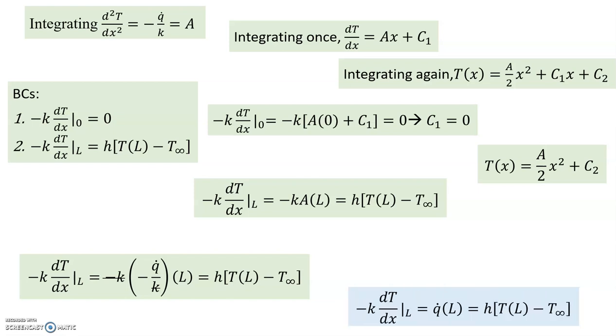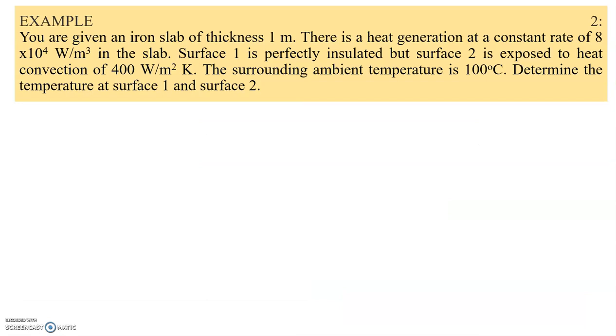And you have this solution which you can solve if you know any 3 out of the 4 parameters listed here: Q dot, H, T at surface L, and the surrounding temperature. That's it.